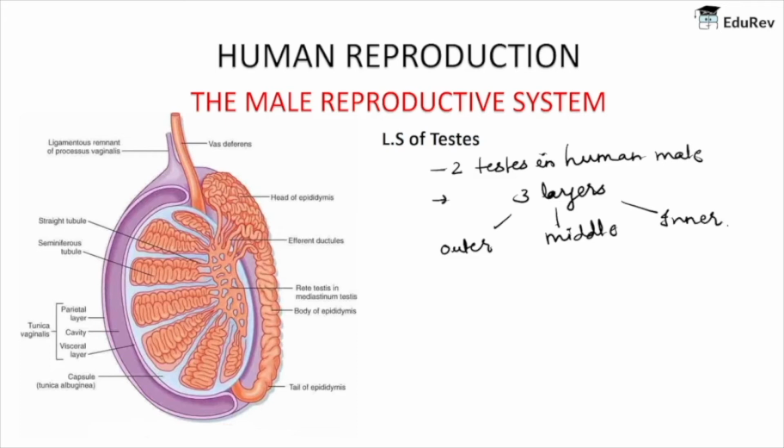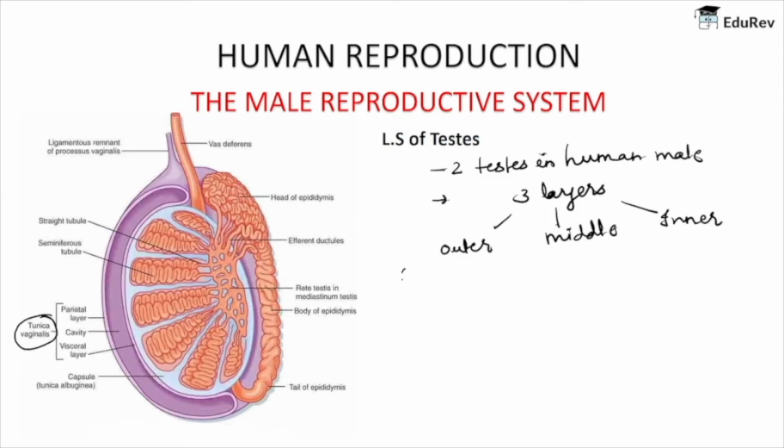When we talk about the outer layer, look at this image and you will see that the outermost layer is the tunica vaginalis.